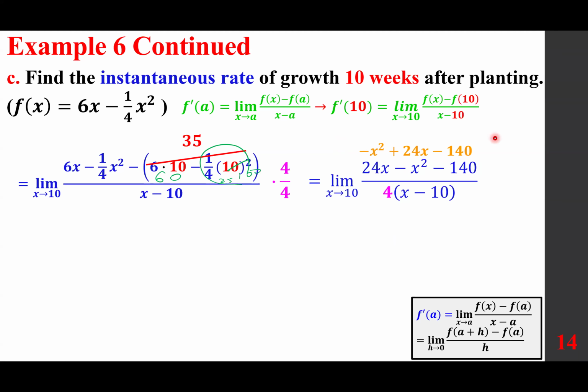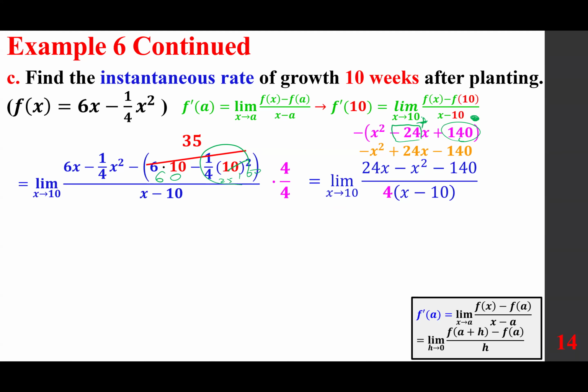To factor this, we like the coefficient to be positive, so we take out the negative and we get x squared minus 24x plus 140, which means now this negative sign, you can leave it outside or inside the limit sign, makes no difference. If you want to factor this, I'm going to give you a couple of items here. Number one, you want two numbers. The product is positive 140.